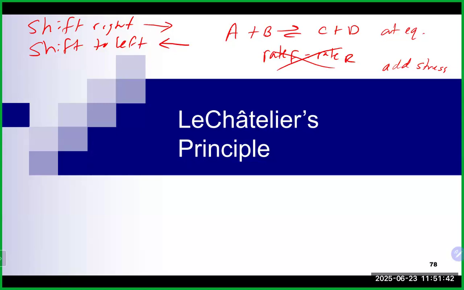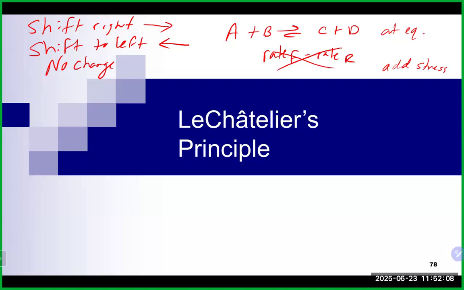And then there are certain situations where no matter what you did to it, it will cause no change, no shifting occurring. So those are the three options you typically come across when dealing with Le Chatelier's principle: shift to the right, shift to the left, or not much happening.